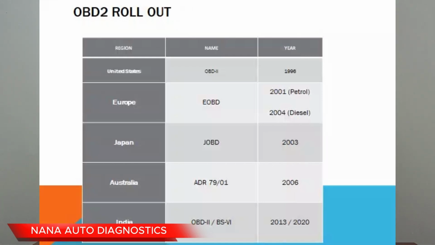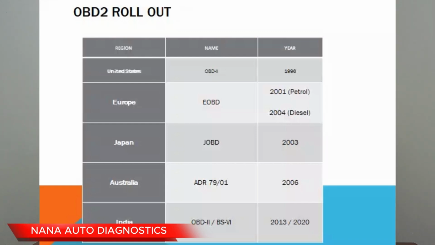Europe joined in 2001 with petrol cars, and in 2004 with diesel cars, and it went by EOBD, which means European On-Board Diagnostics. And Japan joined the group in 2003, calling it JOBD, which is Japanese On-Board Diagnostics.